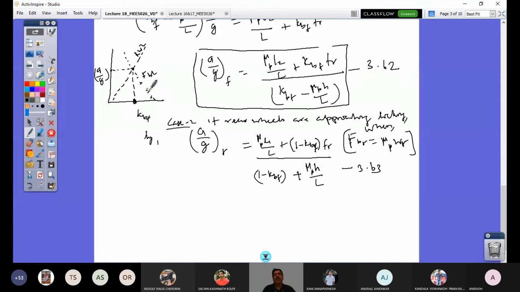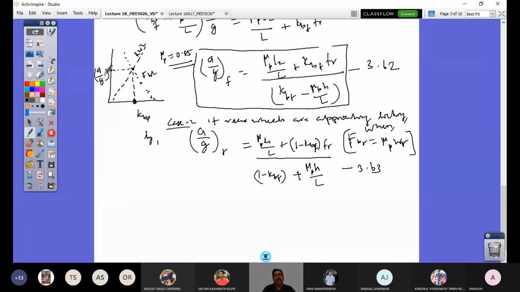If I have my vehicle on a given constant μp, say a 0.85 road surface, and I drive and apply the brake and I have such a plot, what is my A by G associated with this value of K_BF? In our case it was 47%, and it would be 0.85.